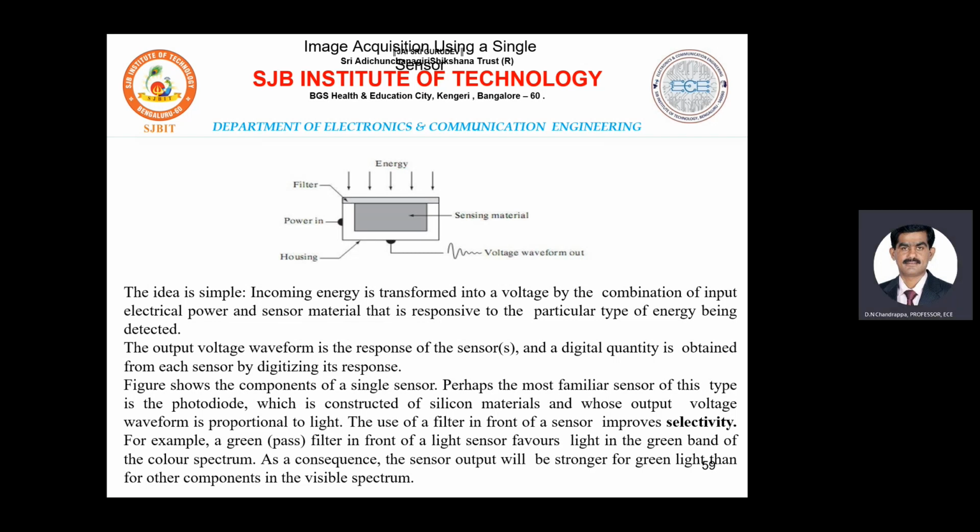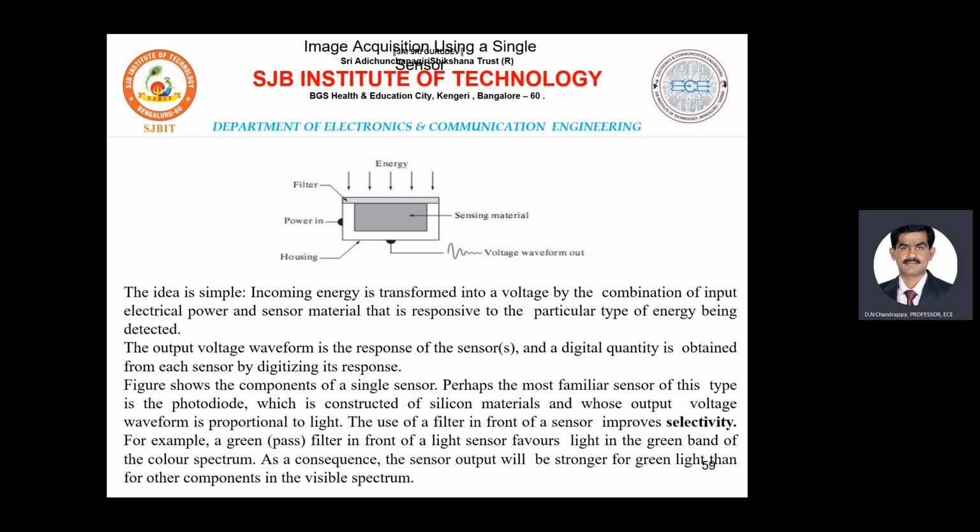The figure shows the components of a single sensor. The most familiar sensor of this type is a photodiode, which is constructed of silicon material and whose output voltage waveform is proportional to light. The use of filters in front of the sensor improves selectivity.